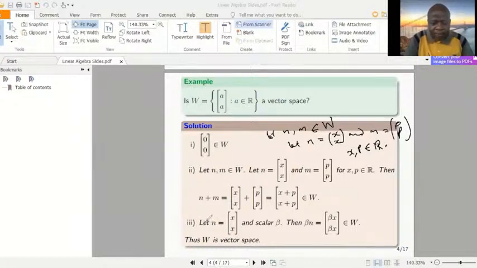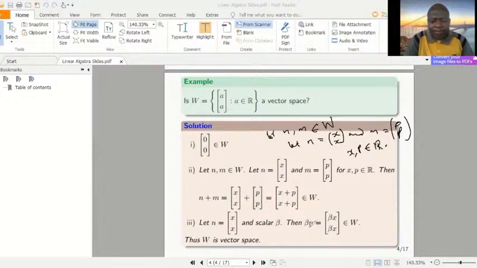Now, again, we want to show that closure under scalar multiplication will be in W. So I choose a vector N and the scalar beta and get the product beta N, which will be (beta x, beta x).